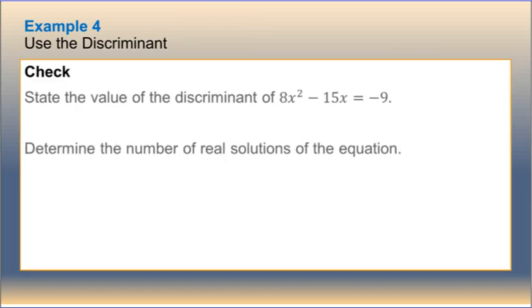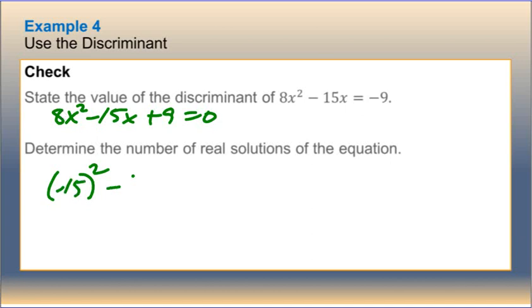And our final question. State the value of the discriminant and then determine the number of real solutions. So I have 8x squared minus 15x plus 9 equaling 0. So my B squared, so negative 15 squared, minus 4, my A is 8, my C is 9.